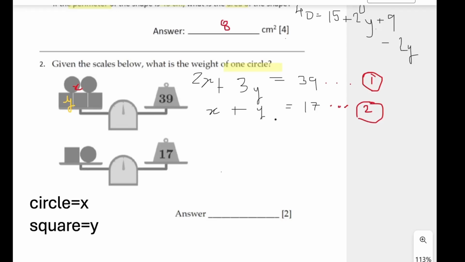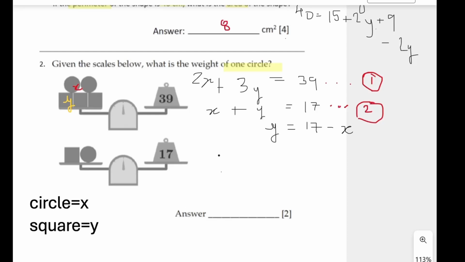In order to get rid of our unknown variable y, we have to write y in terms of x. What I mean by this is, let's focus on equation 2. We can rearrange this to say y is equal to 17 minus x. Now, when you rearrange the equation, you will have no more y's because you have rewritten y in terms of x. So you can just solve the equation for x, which will then find you the weight of one circle.